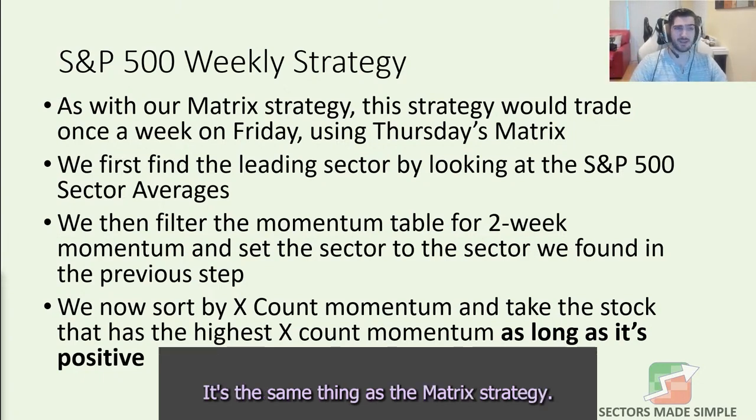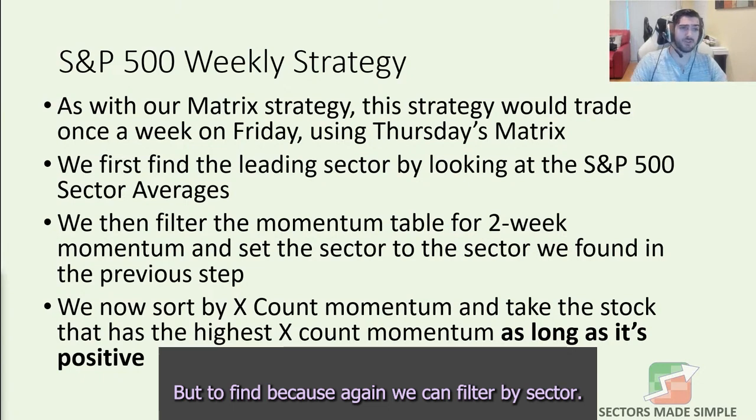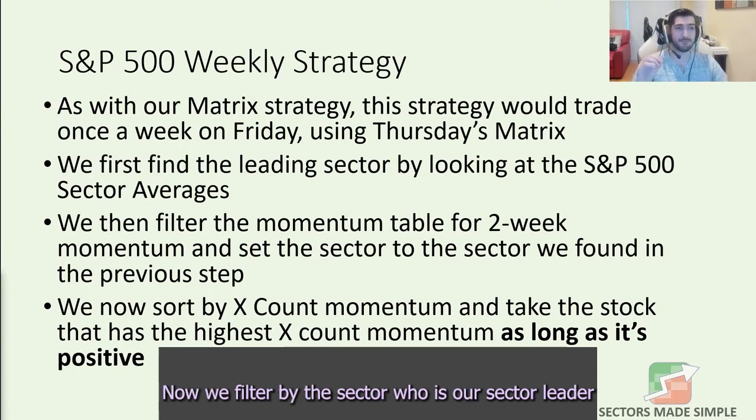It's the same thing as the matrix strategy we already know. Same momentum period, same X count being what we look at. But because we can filter by sector now, we filter by the sector who is our sector leader.